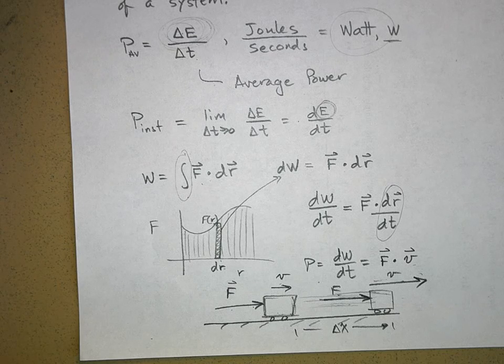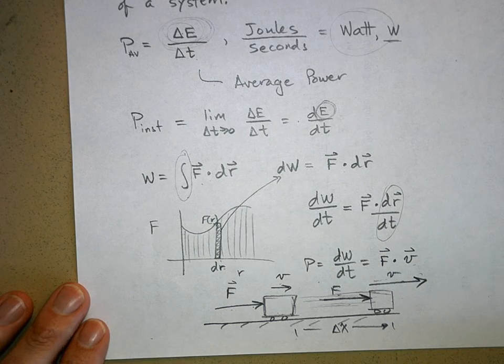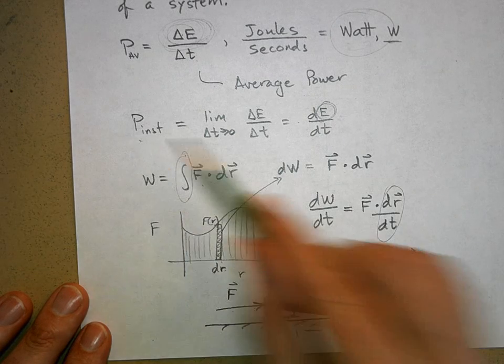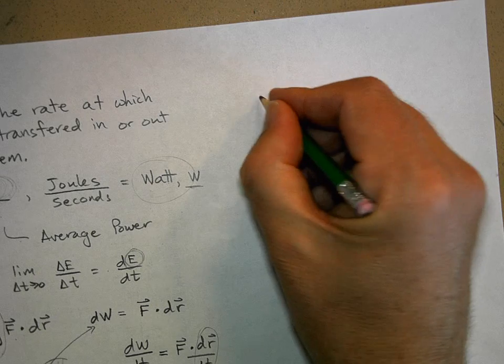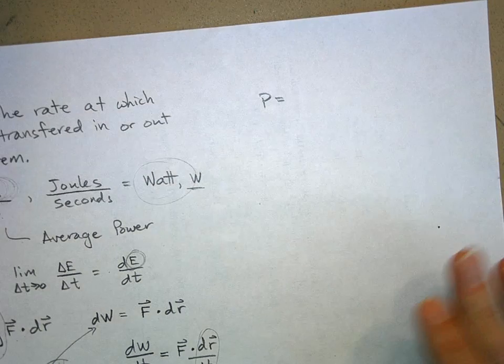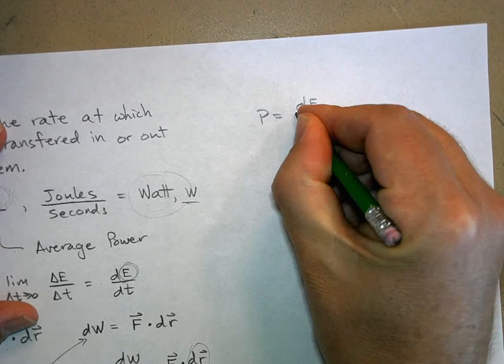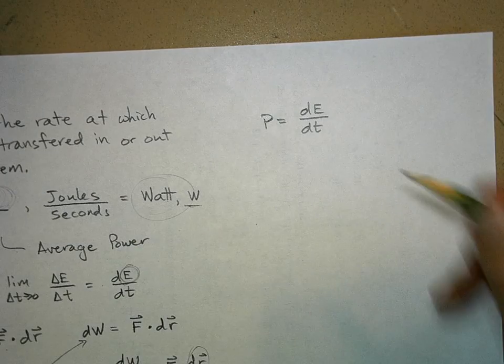Okay, so power is again measured in watts, and you can use this: power equals dE over dt. So power equals the rate at which you use energy, the rate at which you're transferring energy.